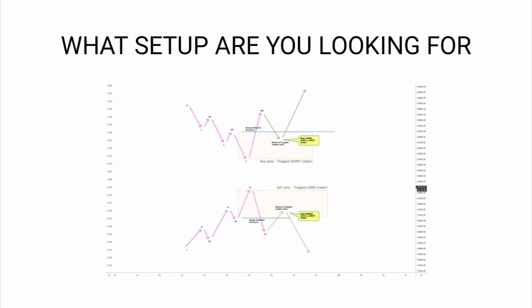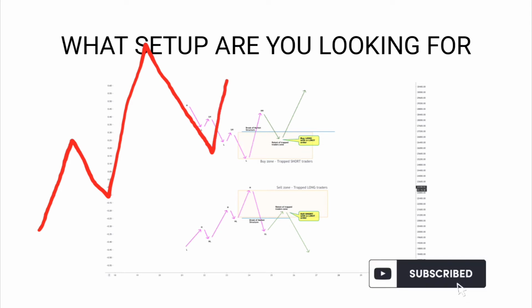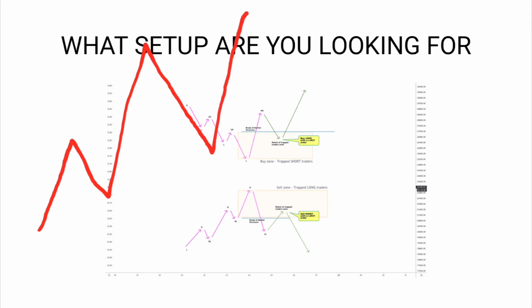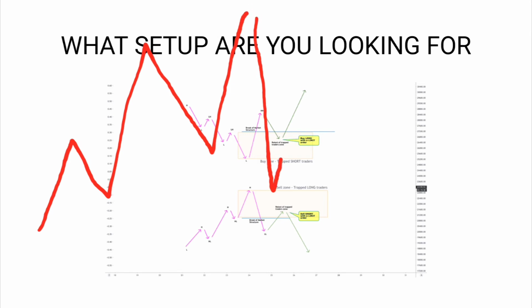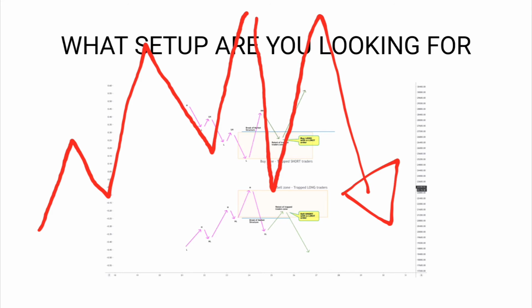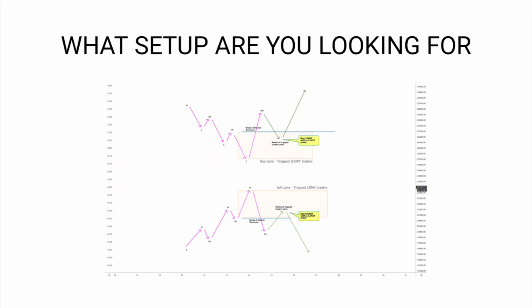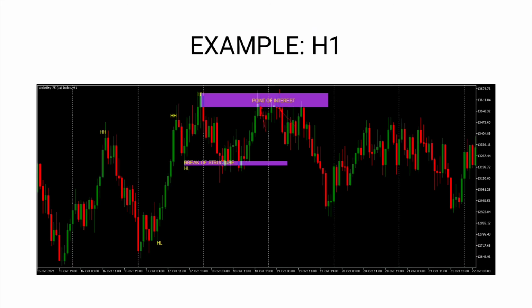So if we are in an uptrend, we've got higher high, higher low, higher high, higher low, higher high, and then we've got break of structure, return to order block, and then price will definitely do this. This is the ideal setup you should use.